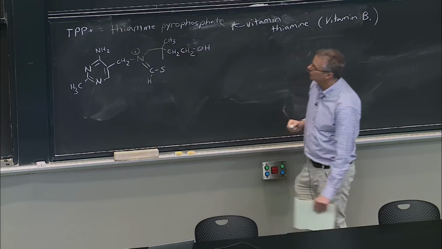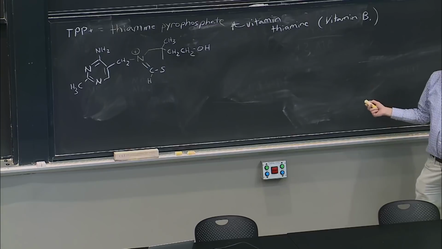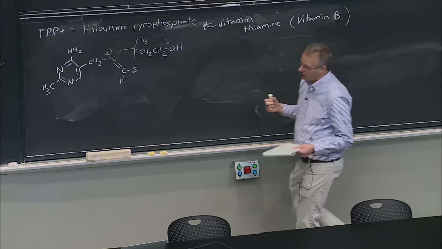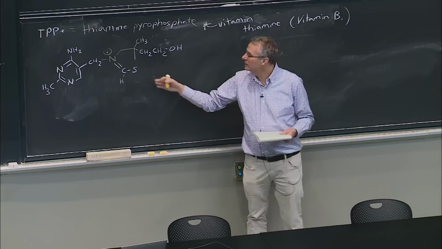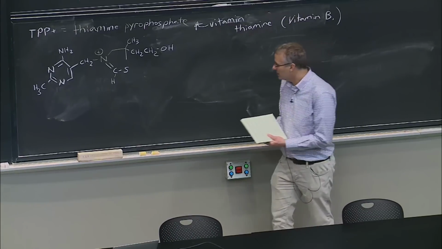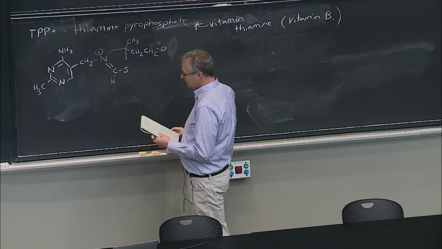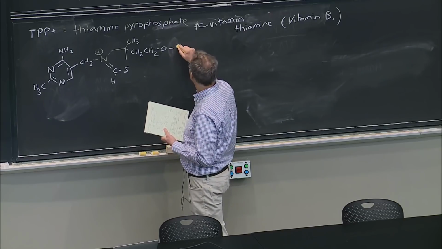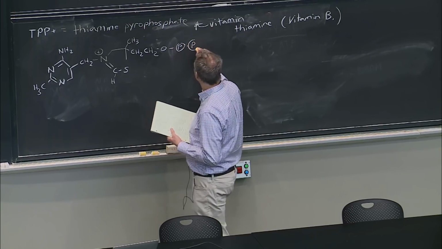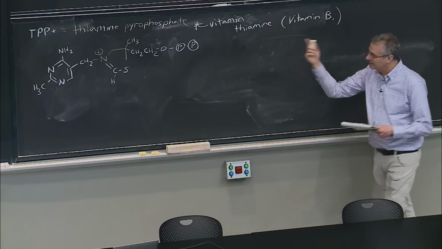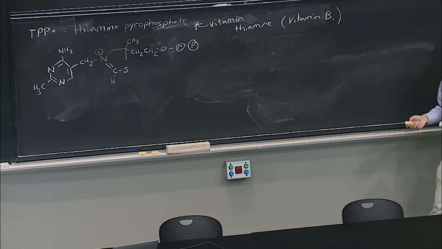Okay, so like many of our vitamins or cofactors, it's a complex molecule. So this is vitamin B1 or thiamine, and the cofactor TPP+ is basically the same molecule with a pyrophosphate group added on the end, TPP+.